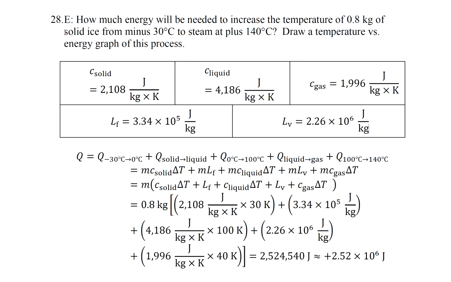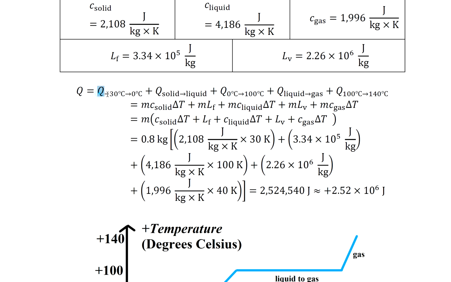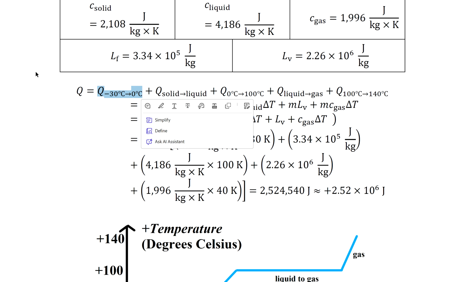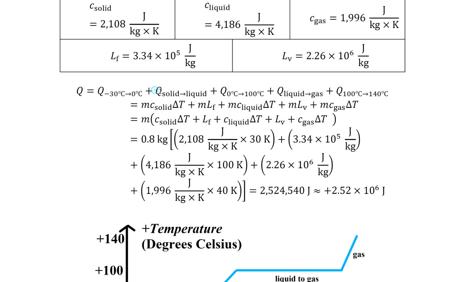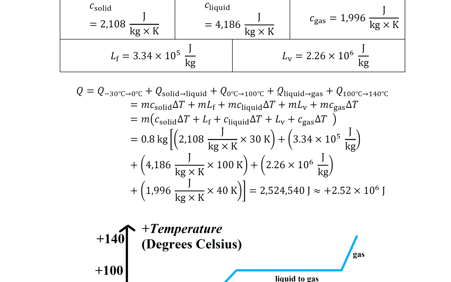to +140, we need the energy to go from -30 to 0 degrees solid, from 0 degrees solid to liquid, from 0 degrees to 100 degrees liquid, from 100 degrees liquid to 100 degrees gas, and finally from 100 degrees to 140 degrees gas.